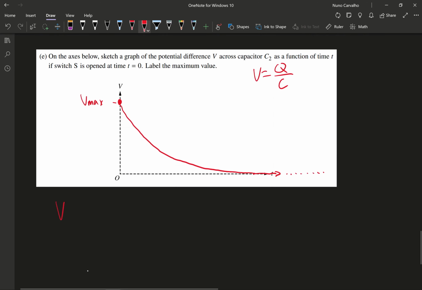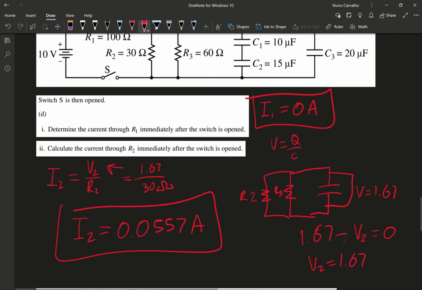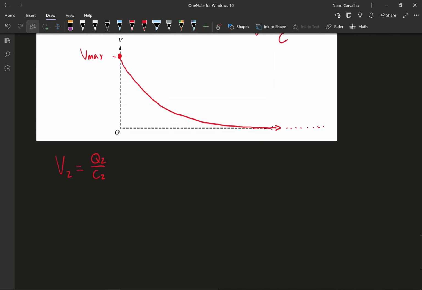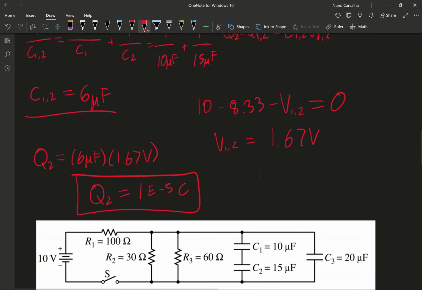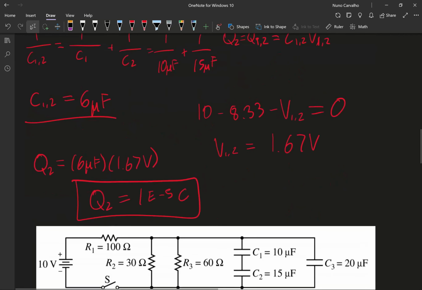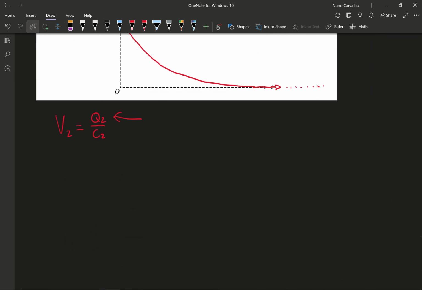So for example, we're trying to get V2, which is going to equal Q2 over C2. But keep in mind, we've already said before that it doesn't even really matter that they are capacitors in series. We've actually already calculated Q2, have we not? If we scroll all the way up here to part C1, we see that we calculated that Q2 is equal to 1 times 10 to the negative 5 coulombs.